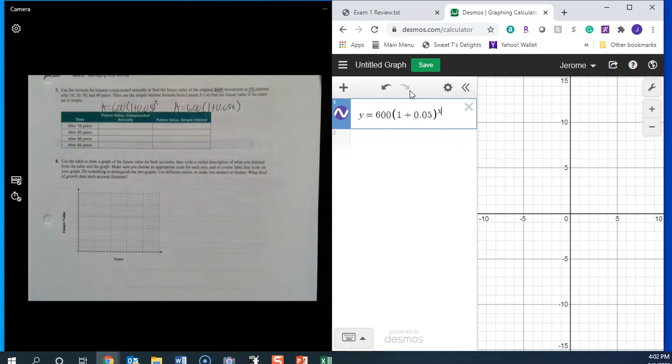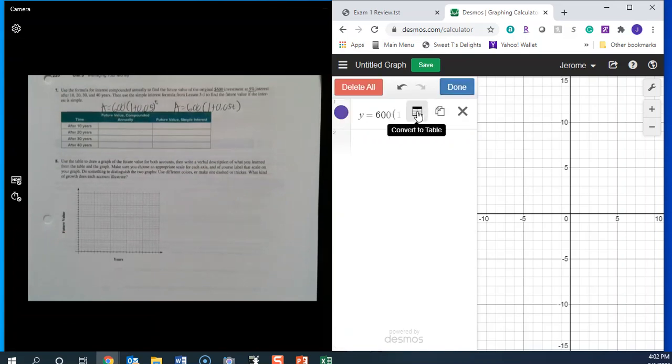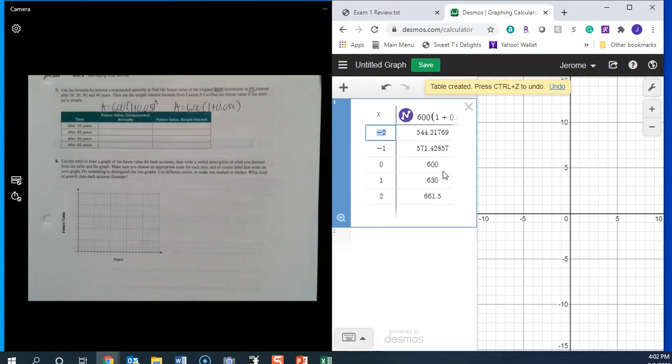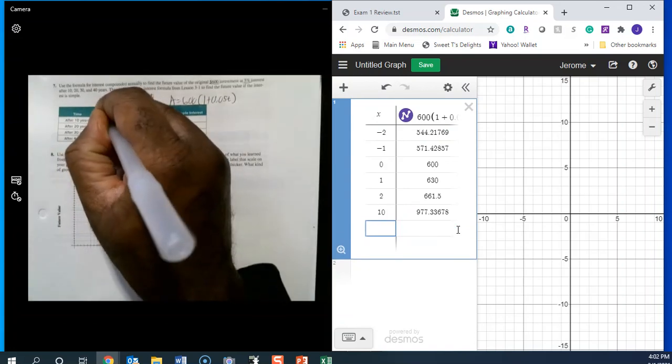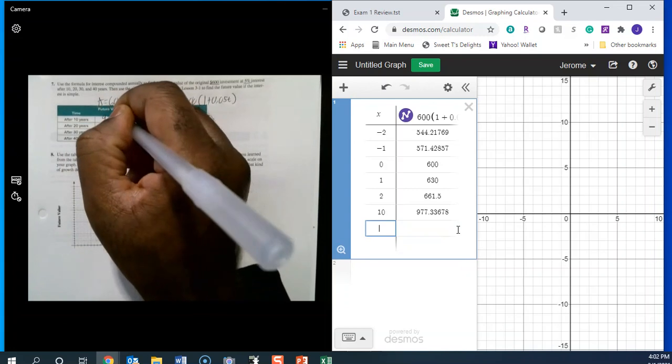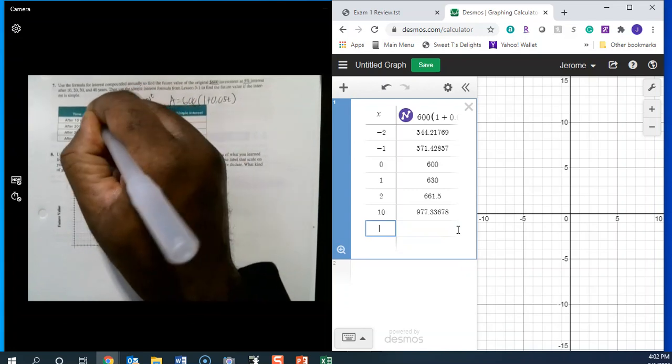Now what we could do is hit this wheel and hit the table. Now, this has been converted to a table. When we put in these values, it would give us the amounts we're looking for. It says here 10 years. So after 10 years, around 2 decimal places, it would be $977.34.